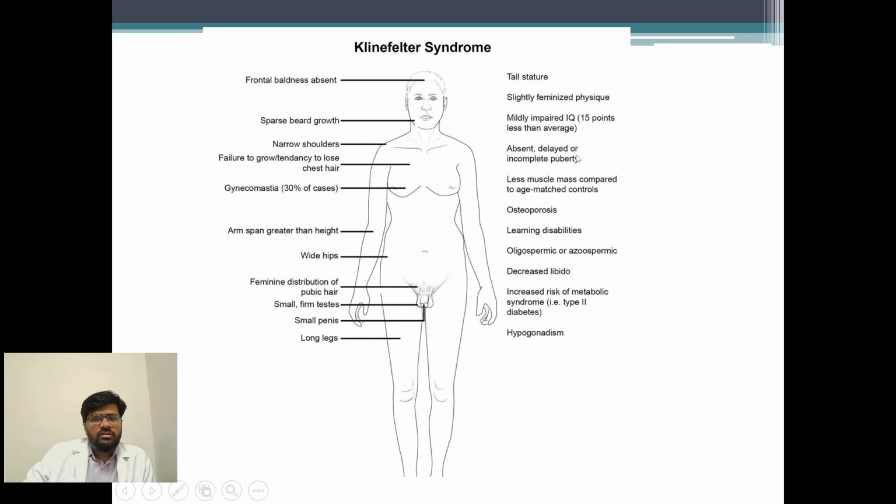Intellectually, they have mildly impaired IQ. They may have absent, delayed, or incomplete puberty, and they may have osteoporosis like old females have. The one thing you have to remember is oligospermia and azoospermia, decreased libido, and increased risk of metabolic syndrome and hypogonadism.